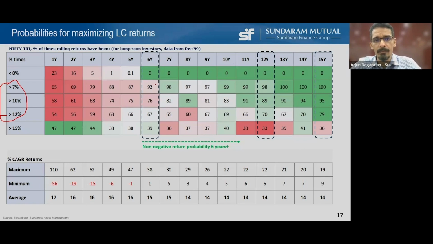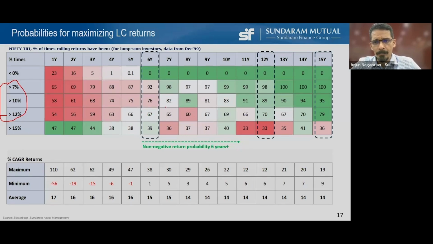You have a 92% probability that any 6-year bucket you take from December 1999 would have made more than 7%. If you want more than 10%, or rather let's take 12%, because if you look at Nifty and large cap, just above 12% has been the historical CAGR for the market.